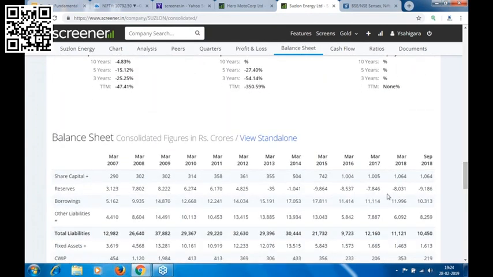Reserves of the company, the figures are in minus. And if you see the borrowings compared to the reserves, this is not a good sign for any company.